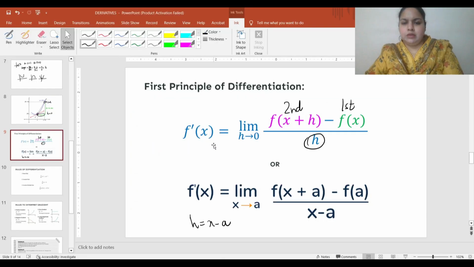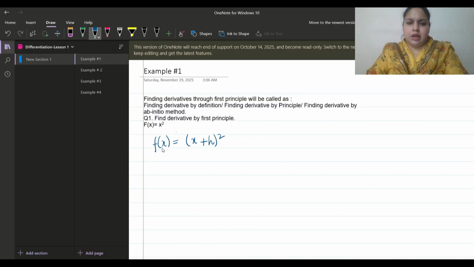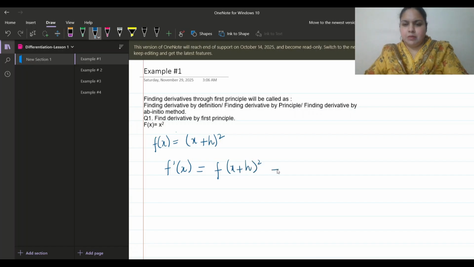What was our formula? Our formula was f(x plus h) minus f(x), second point minus the first point. So our derivative f dash x is equal to the second point minus the first point.